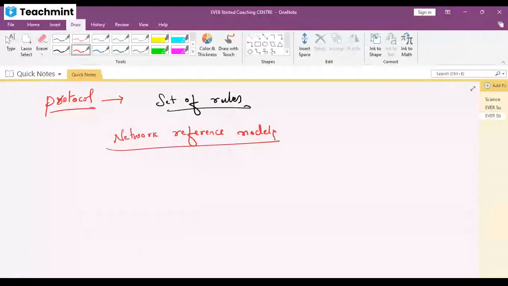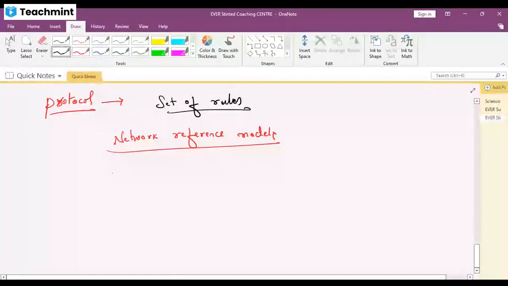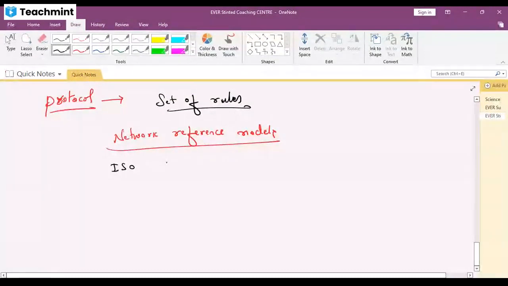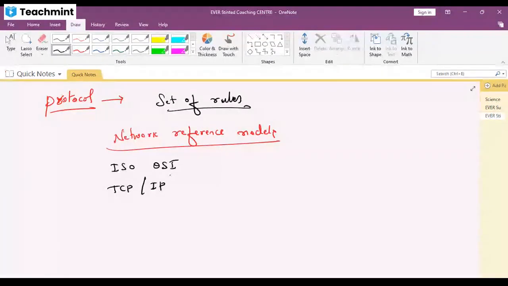Can you name the different network reference models? It's a two-mark question. ISO OSI model, TCP or IP model. Correct? Now the question here is, they may ask you to explain these models.